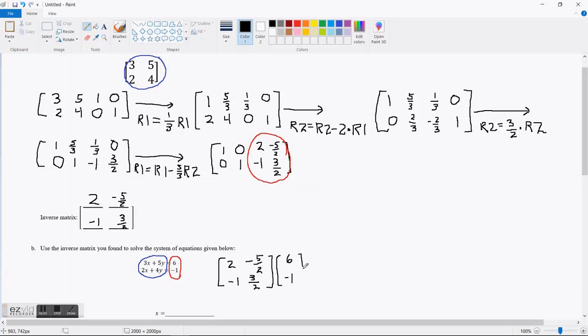It's a 2 by 1 matrix. So we have the product of a 2 by 2 matrix, our inverse matrix, and a 2 by 1 matrix. So our product will be a 2 by 1 matrix.